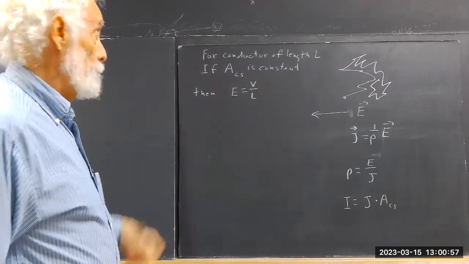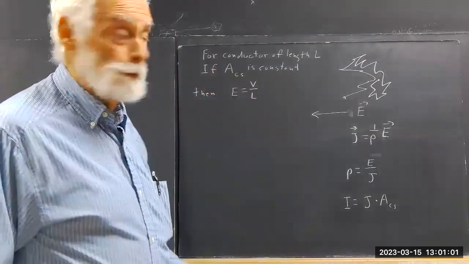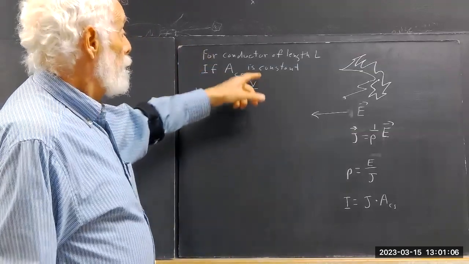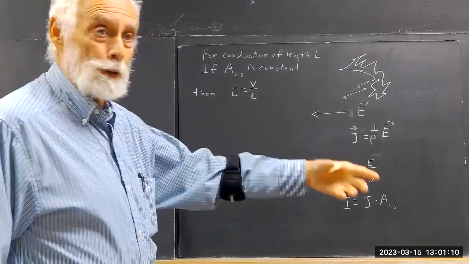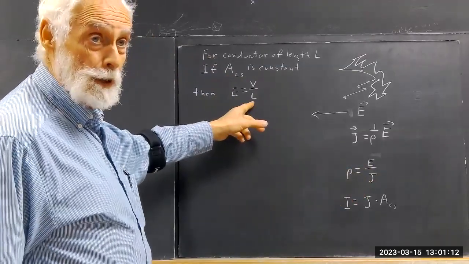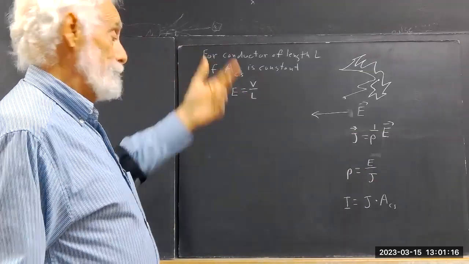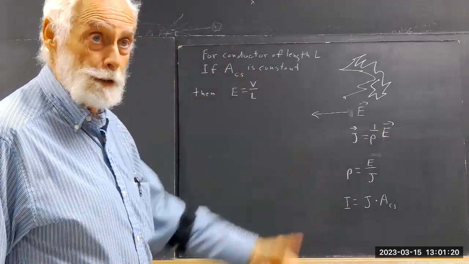I mean, that comes from what voltage is. Voltage is your work per unit of charge. Electric field is your force per unit of charge. You divide the work per unit of charge by the distance over which that work is done, which will be the length of your wire, and you get the force per unit of charge. You probably memorized V equals ED.